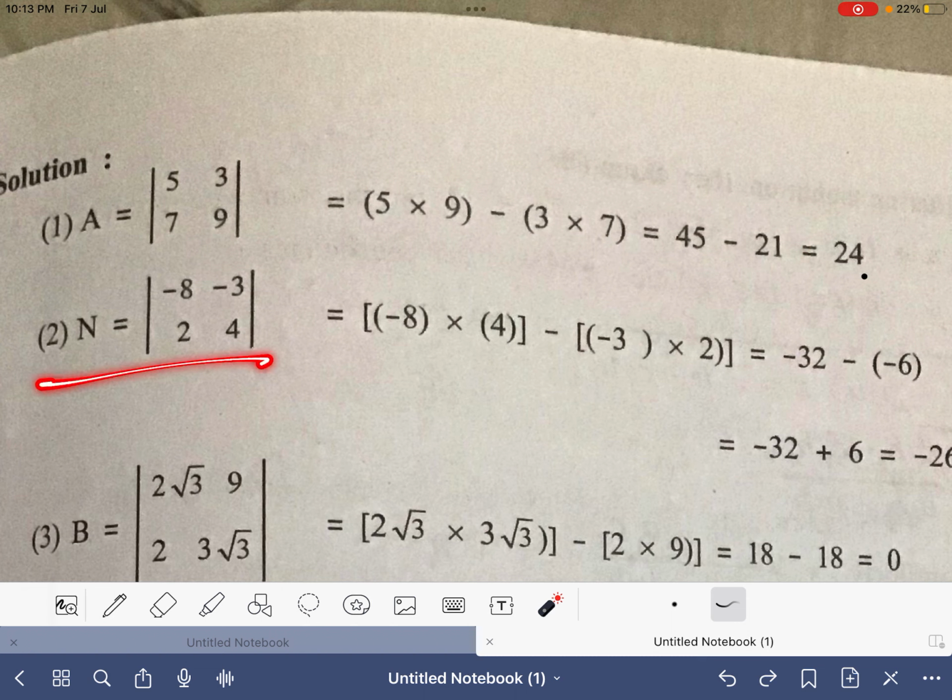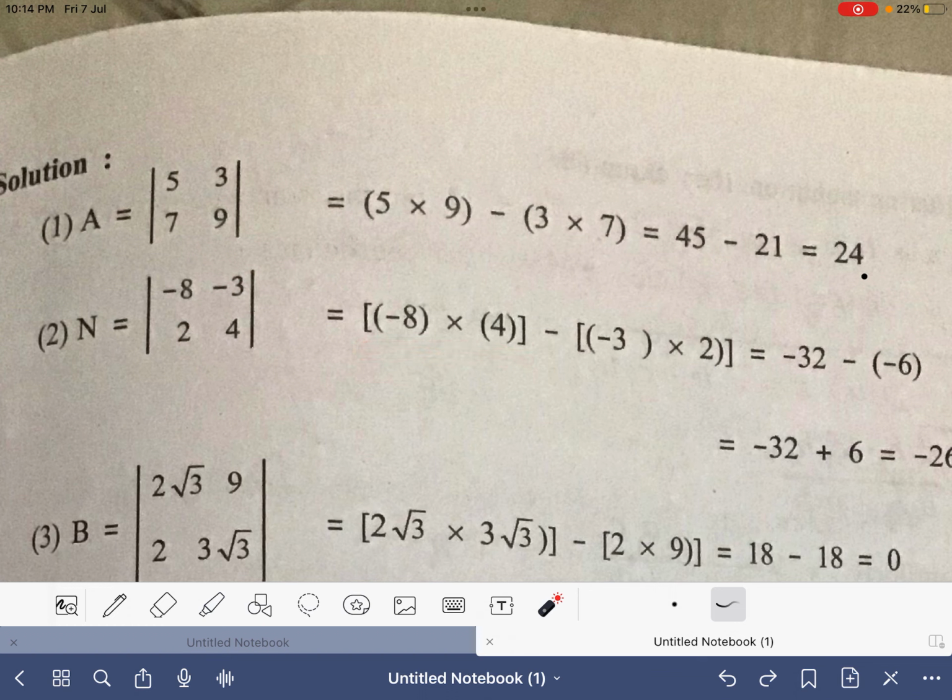Now the next question is, we have to find the value of n. For that, the determinant is 8, minus 3, 2, 4. We have to find the value by solving this determinant. As per the previous case, multiply these two numbers minus multiply these two numbers.